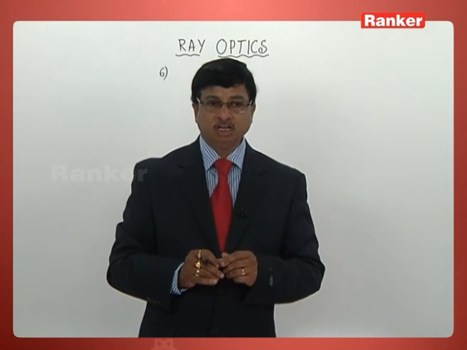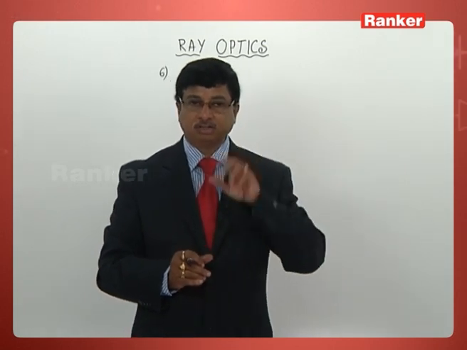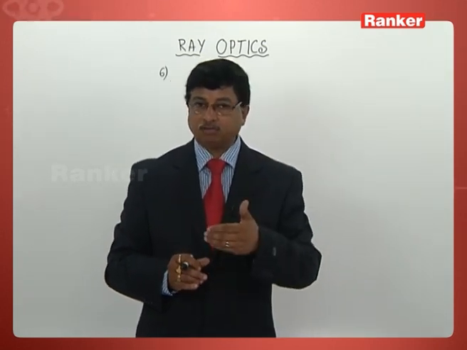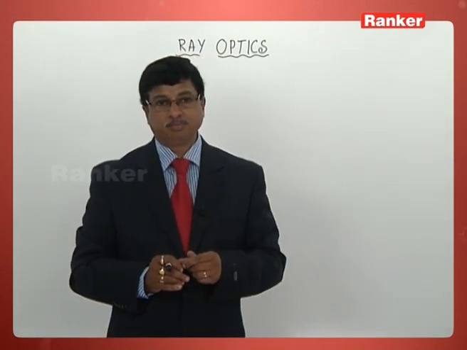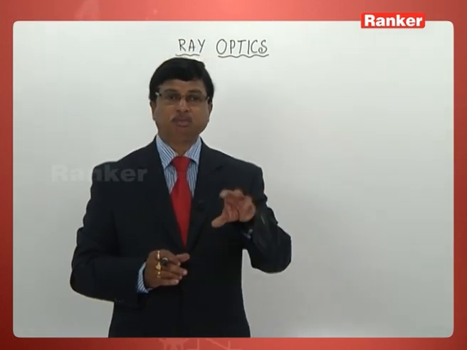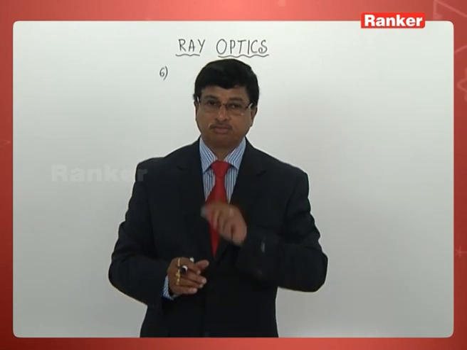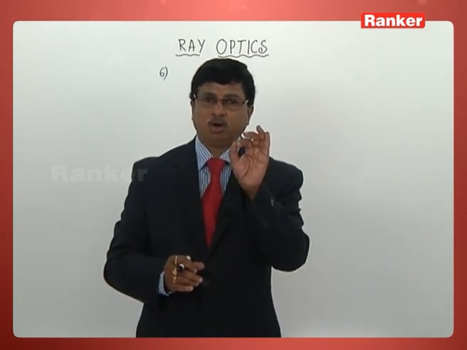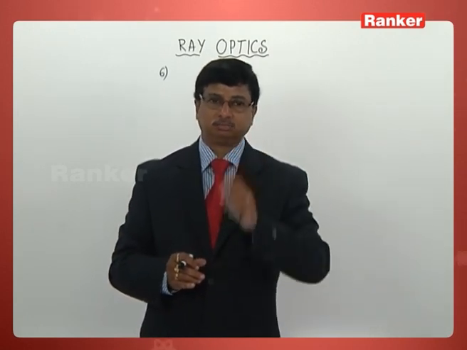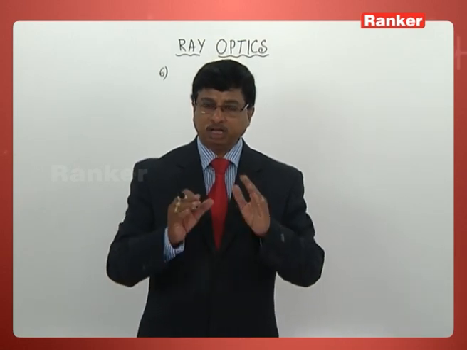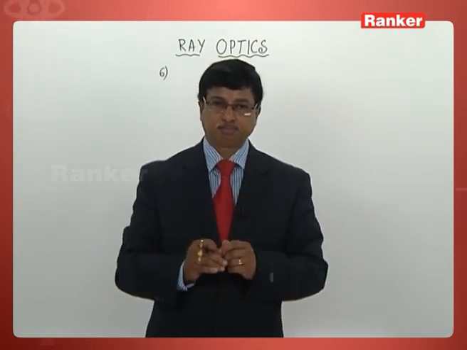I repeat once again, when the object is at infinite distance, the final image is going to be formed at its focus. It's just like a pointed image, like a small dot. That's one area we have to understand first.